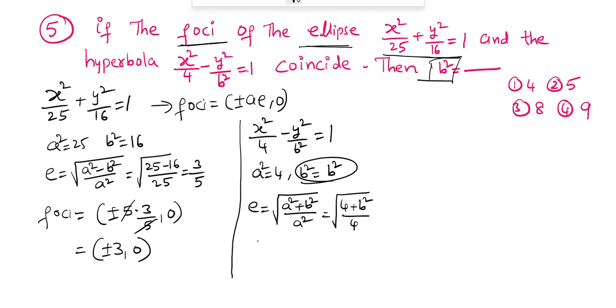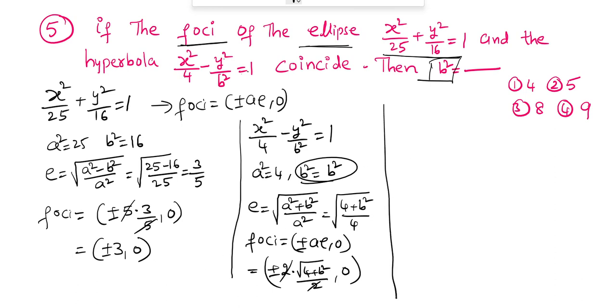Now foci are plus or minus ae, 0, that is plus or minus 2 times root over 4 plus b square by 2, comma 0. Here 2 cancelled. These two foci coincide, that means the x coordinates are equal.